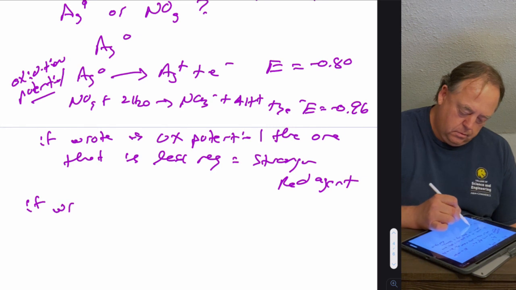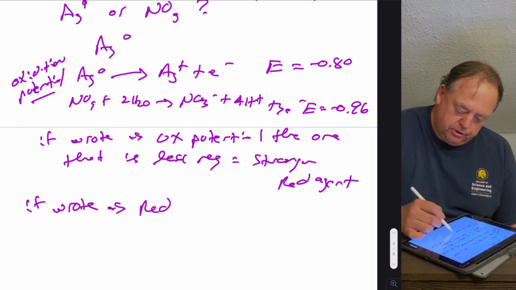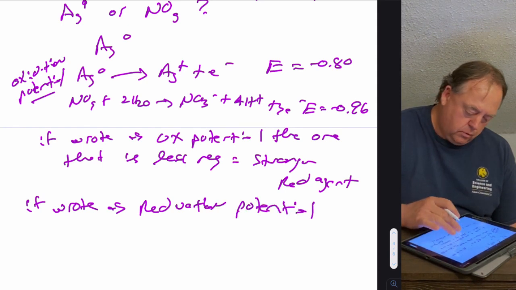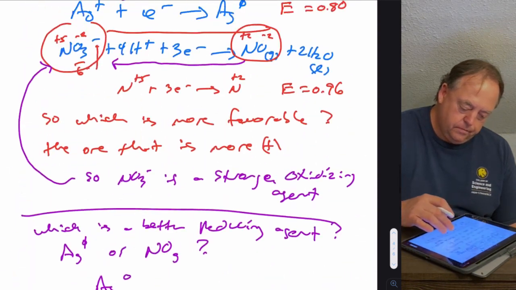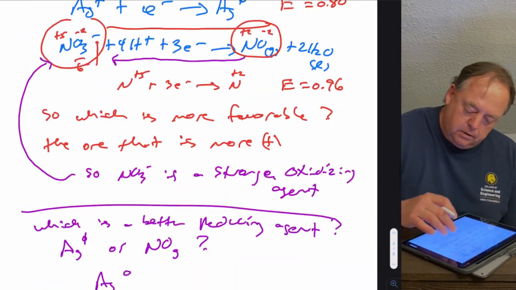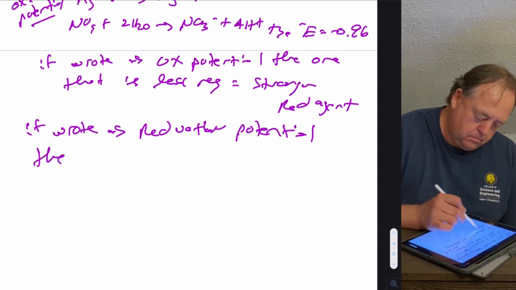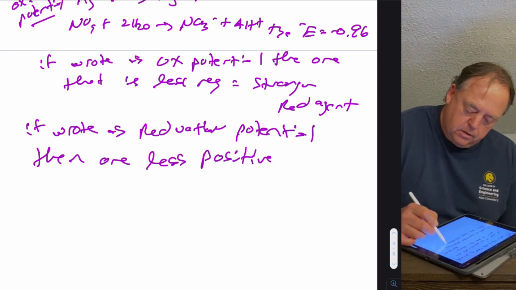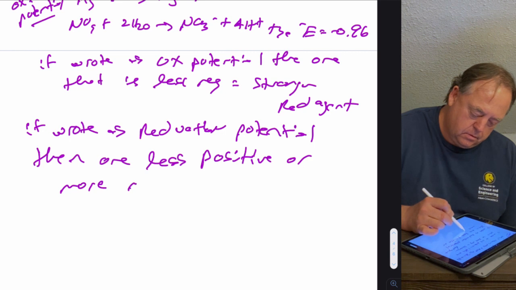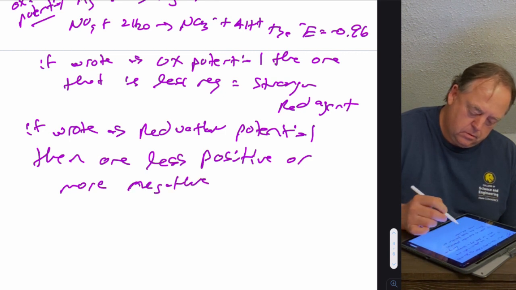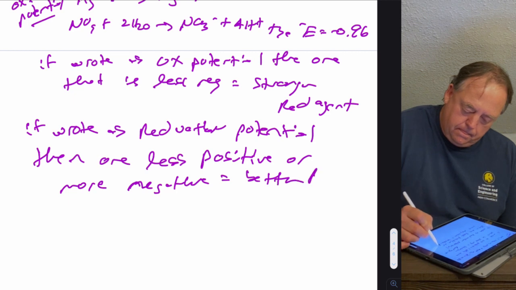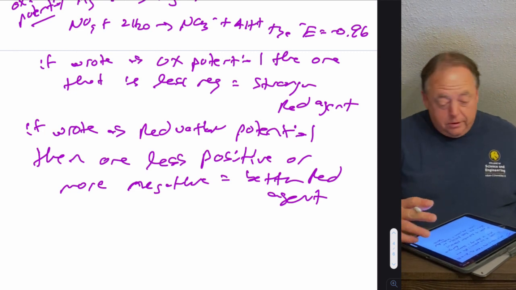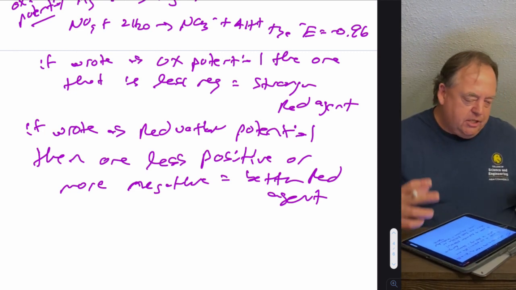If written as a reduction potential, which is the way it was originally written, like these two, then the one that is less positive or more negative would be the better reducing agent. Okay, so hopefully that's not confusing. It's just terminology that you have to keep straight in your head.